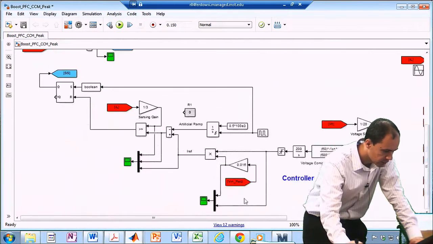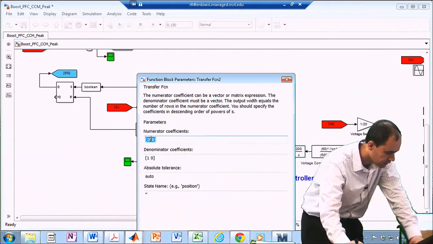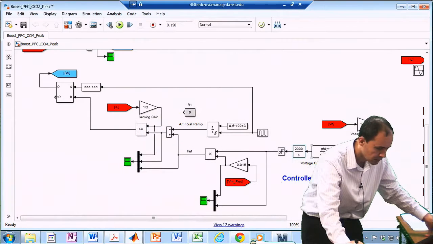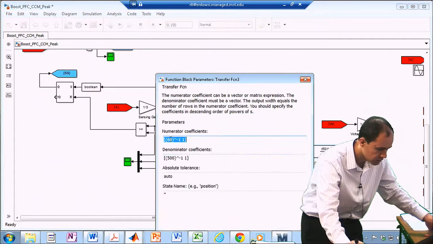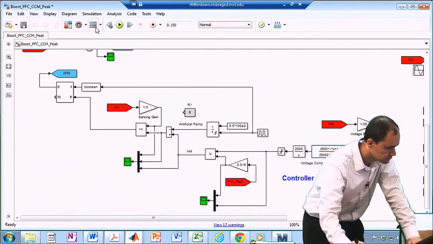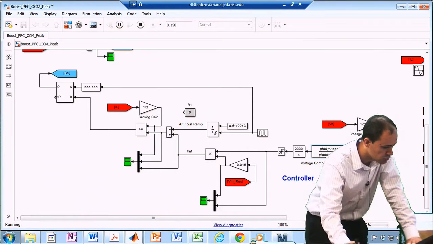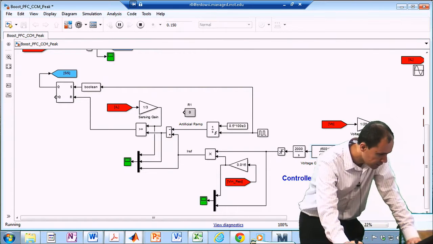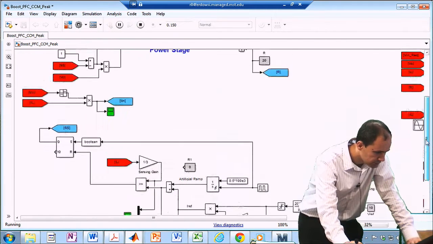Let's see what kind of a response we are going to get if I make this DC gain 10 times larger. And these guys are also shifted to the right. So this should be slightly faster, but I don't think we will see a significant improvement.